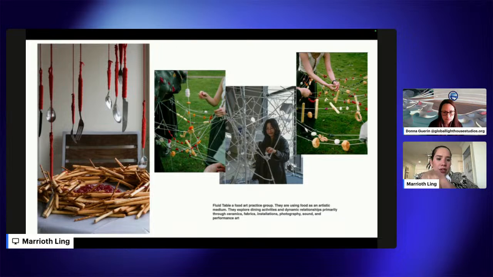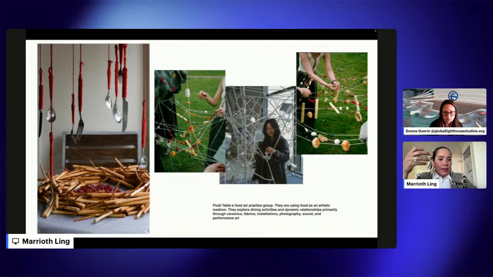So, for example, the third picture that you see in this slide is kind of a huge sculpture. Each part of this sculpture was food, and the visitor can eat it.